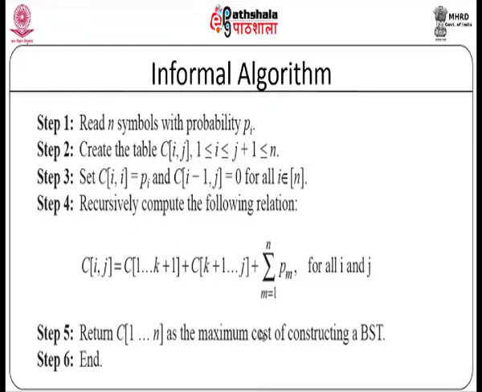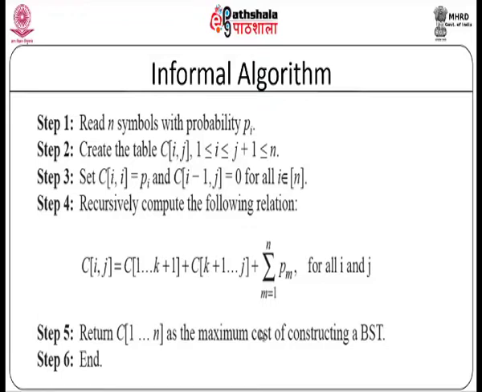We initialize the table C of i minus 1 comma i to p of i and C of j minus 1 comma j to 0 for all elements i belonging to n.